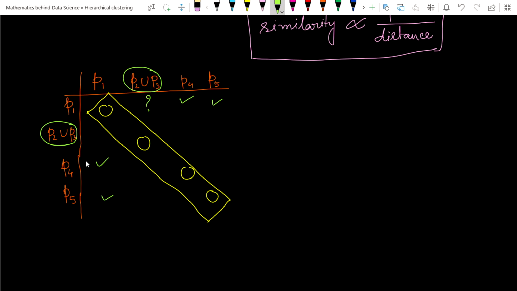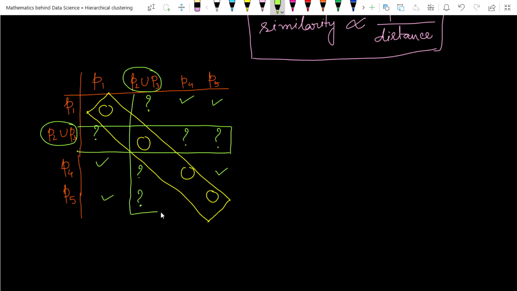Now the question is how to compute this row and this column for P1 and the others. I think the rest is known.